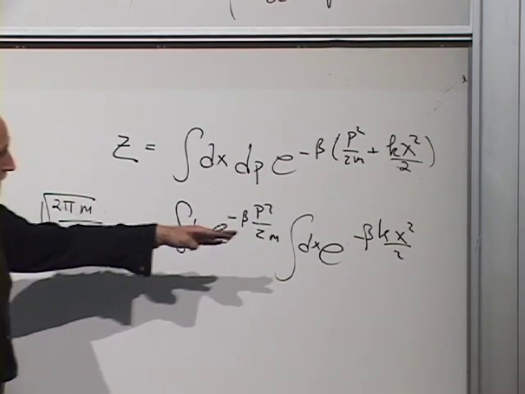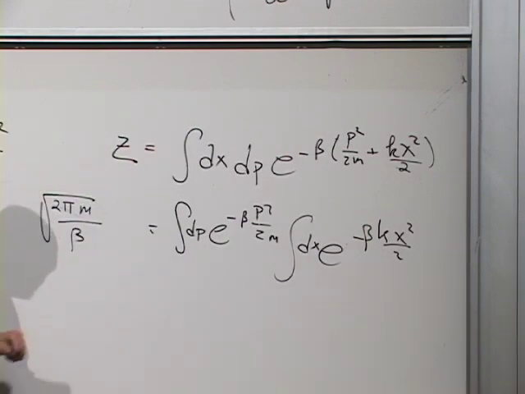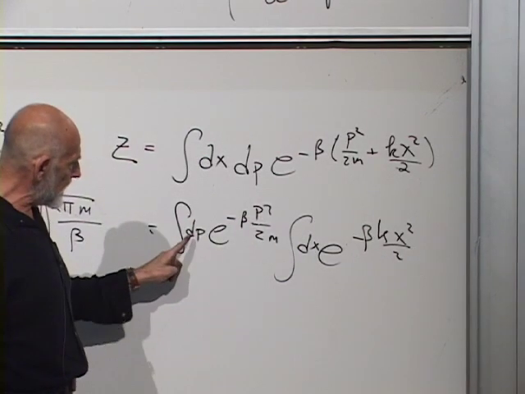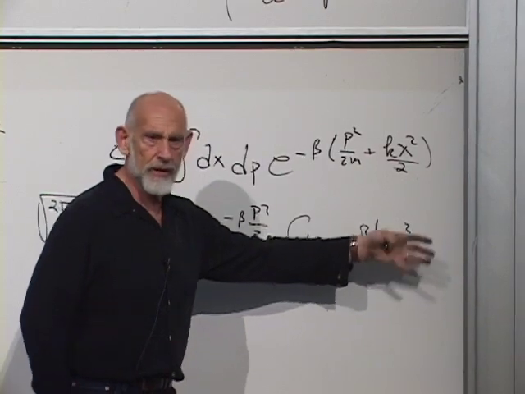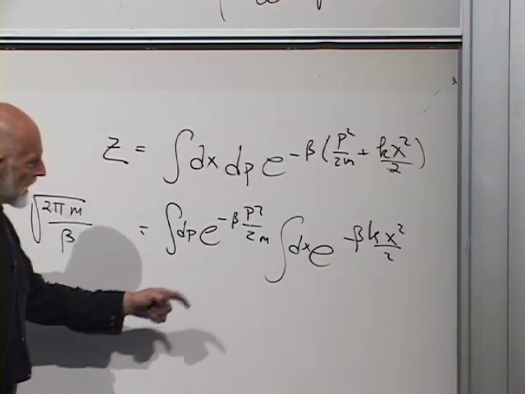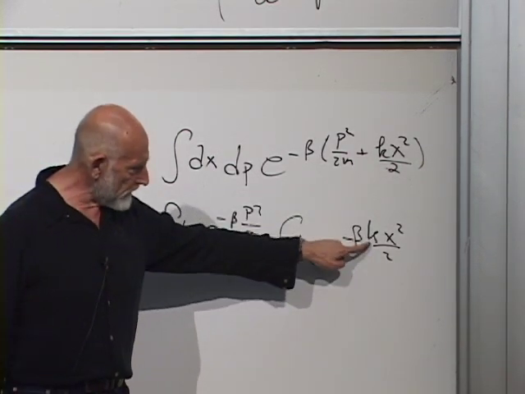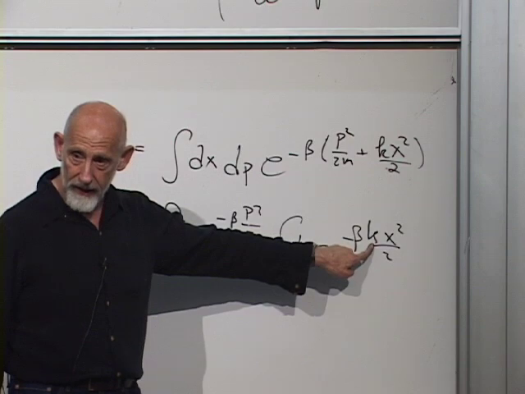Now what about this integral? This integral is exactly the same kind of integral, except instead of integrating over p, we're integrating over x. Well, x is just an integration variable. That doesn't matter. The only difference is that whereas you had a mass in the denominator here, you have a spring constant in the numerator here.